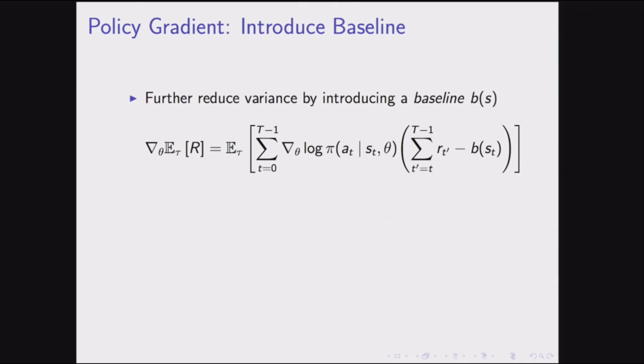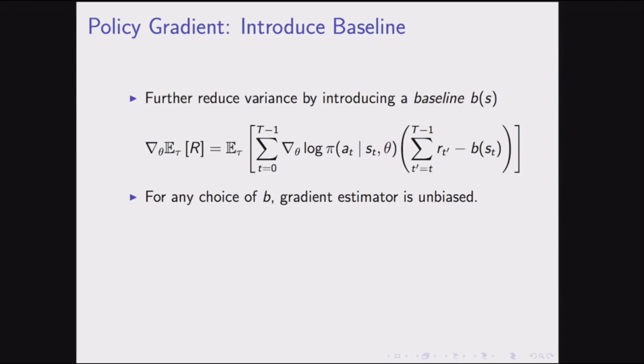We can take any old function, b, which takes in a state and outputs a real number, and subtract it from our sum of future rewards. We didn't affect the mean of the estimator at all, so we didn't change the expectation by introducing this baseline. For any choice of b, this gives us an unbiased estimator.